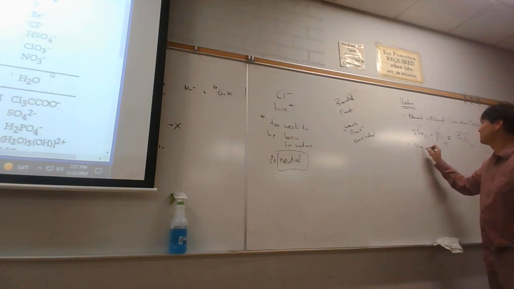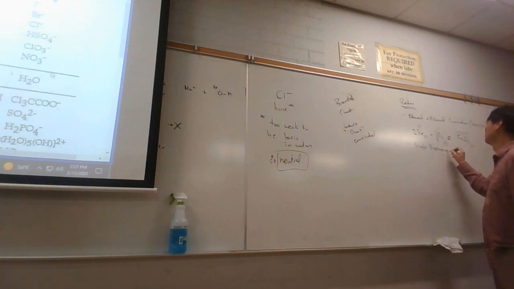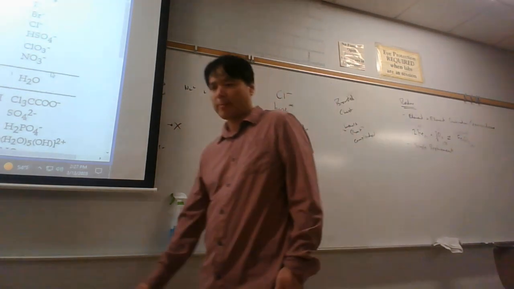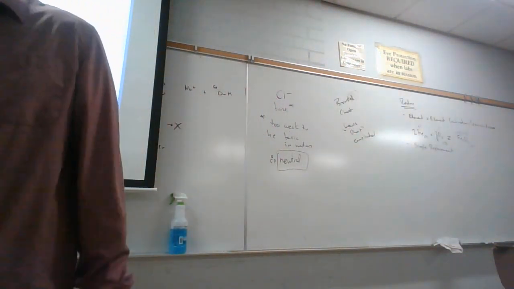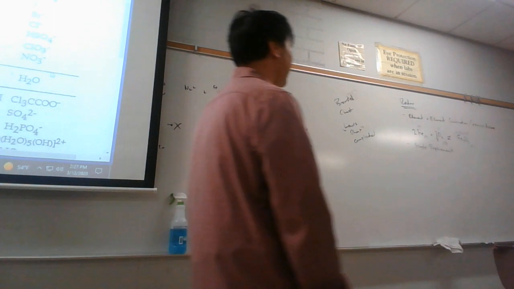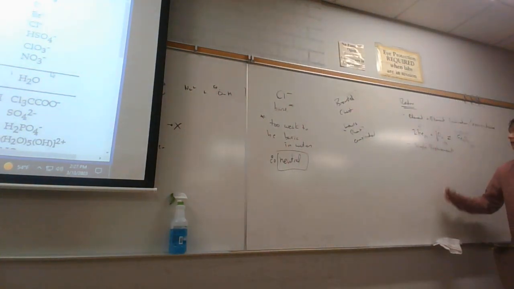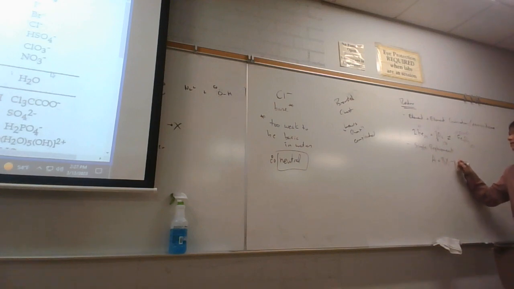Then we have single replacement reactions. You recall single replacement reactions? They follow a form. A plus BX yields AX plus B. In order to do single replacement reactions, we need the activity series.